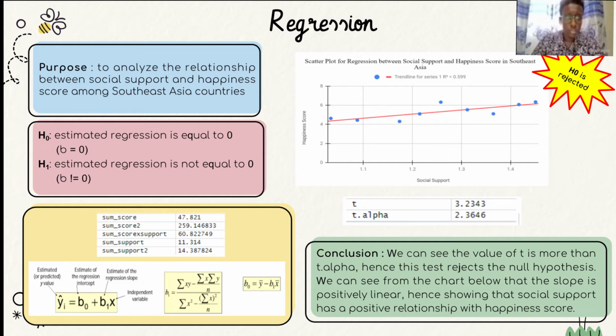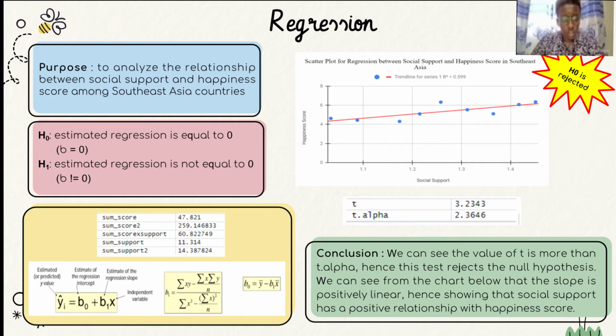Our purpose in this regression test is to also analyze the variables social support and happiness score among Southeast Asian countries. We have determined the null hypothesis will be the estimated regression is equal to 0. In other words, there's no relationship between social support and happiness score.